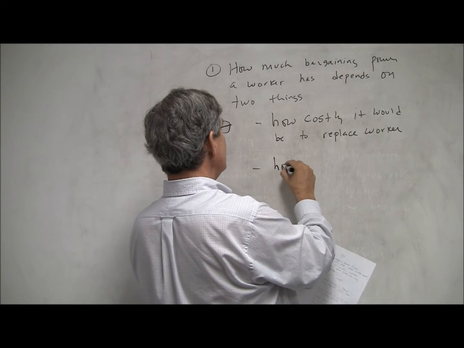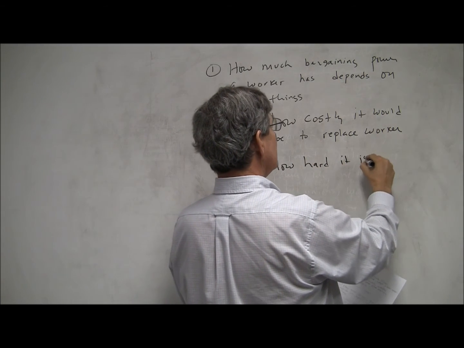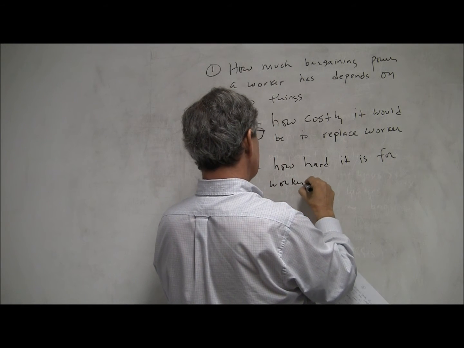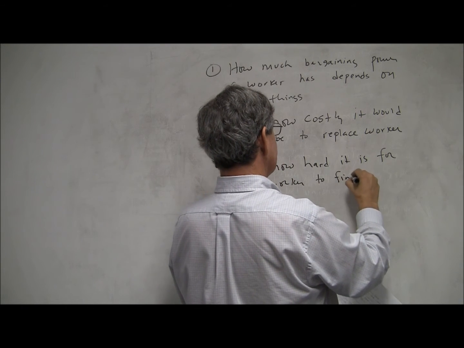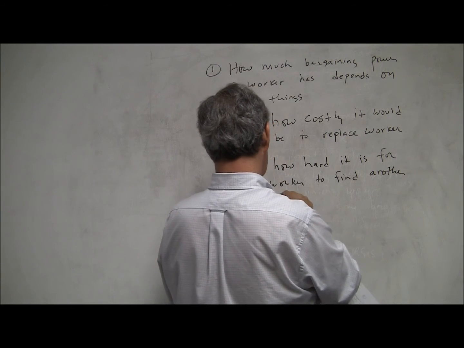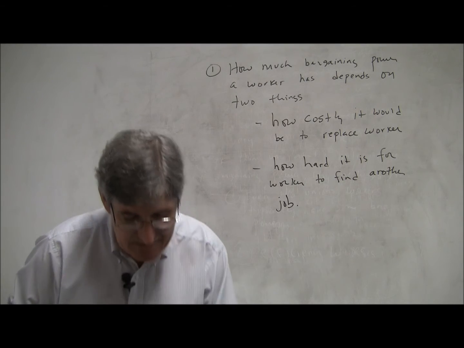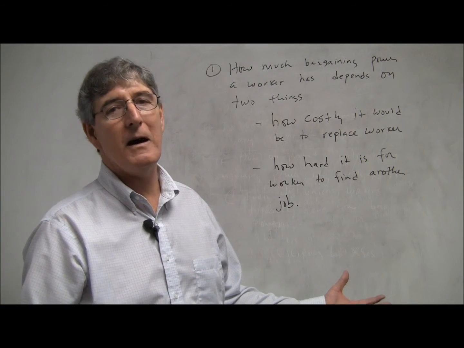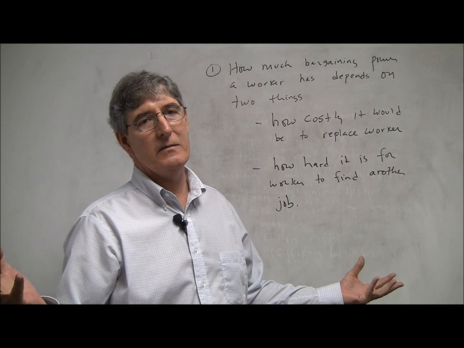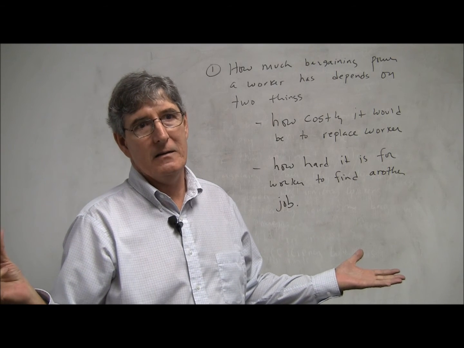And second, how hard it is for the worker to find another job. So you have a lot of specialized training, and you go to the boss and say, you pay me more or I'm going to quit. And the boss says, we're in a severe recession. You've got a family. Where are you going to work? No one's going to hire you.